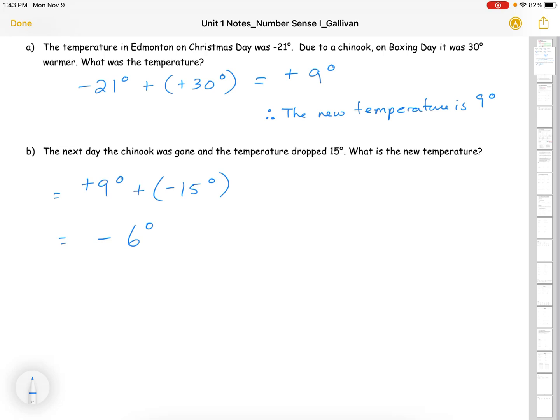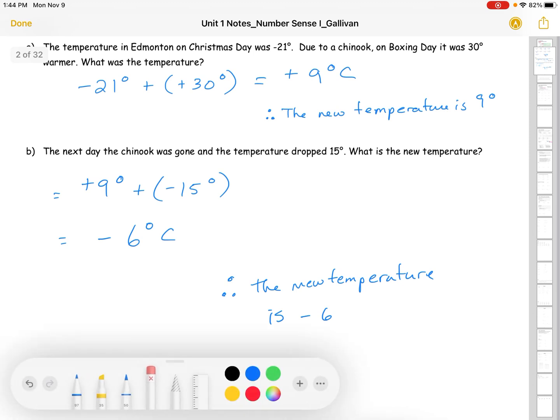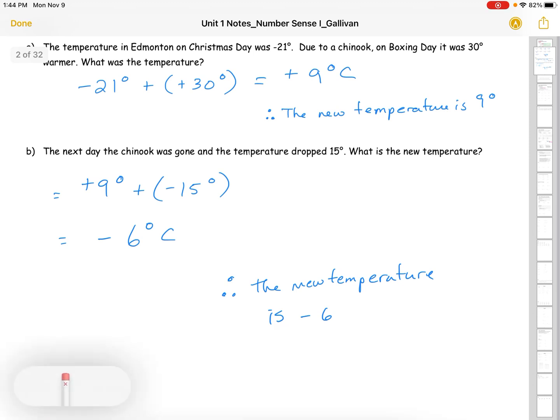So, and this is Celsius and Celsius. So therefore, the new temp is minus 6, oops, not 60, minus 6 degrees Celsius. Okay, so it's just kind of sorting out your information in terms of what's going on.